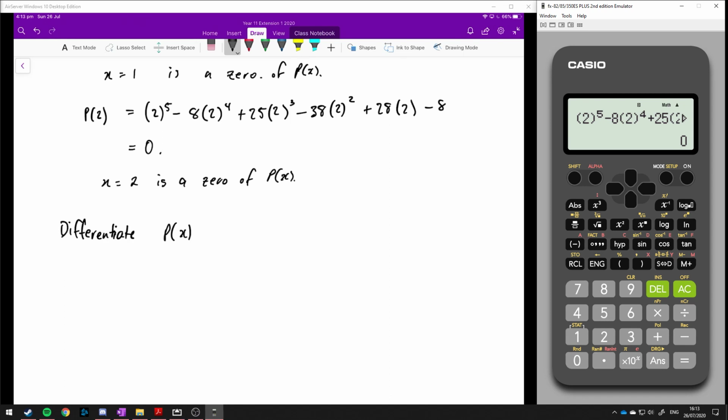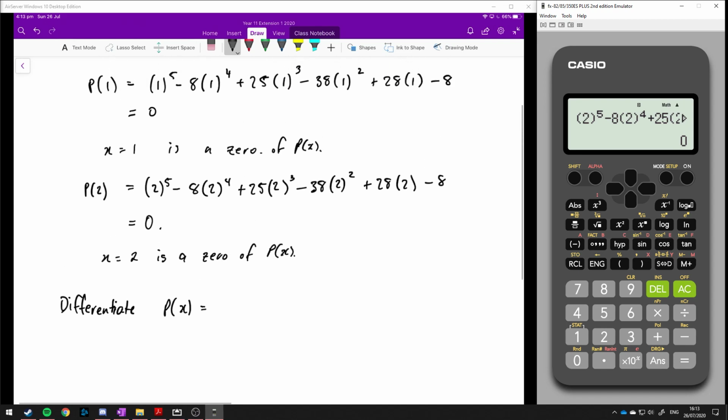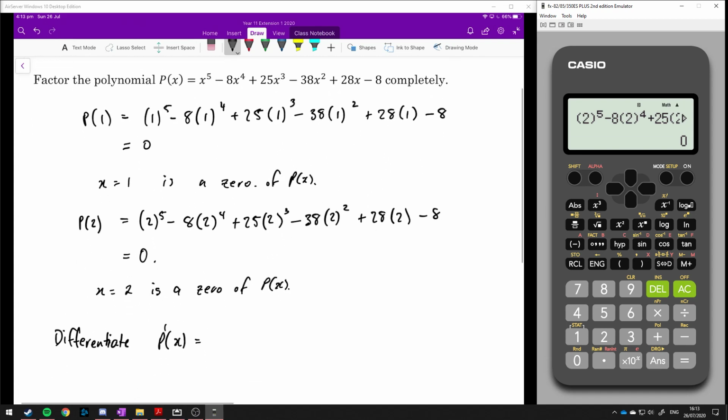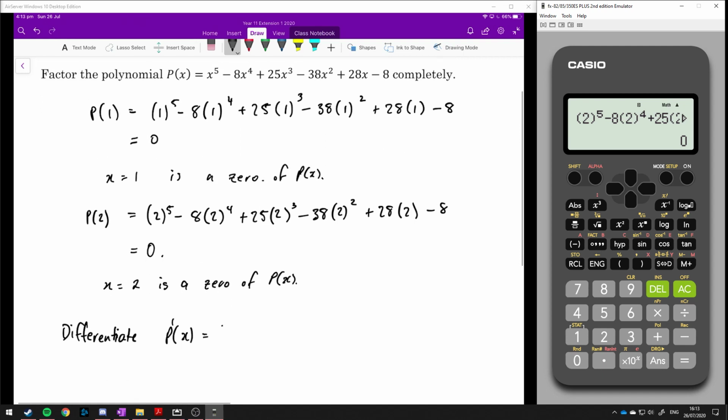So differentiate p of x is equal to whatever it was. So p dash of x is 5x to the power of 4 minus 32x cubed plus 75x squared minus 76x plus 28, okay?